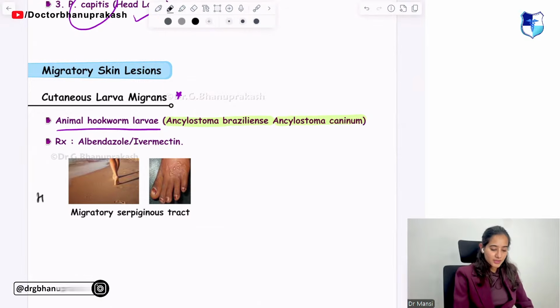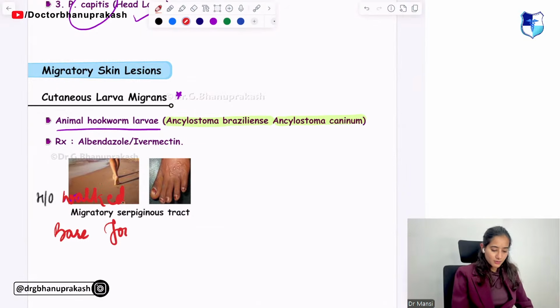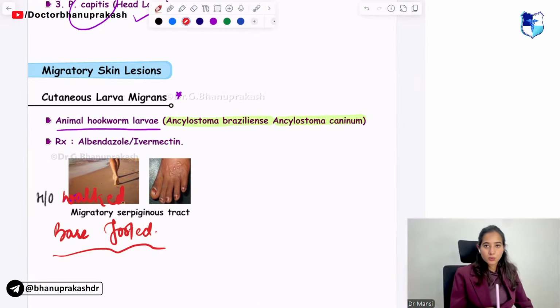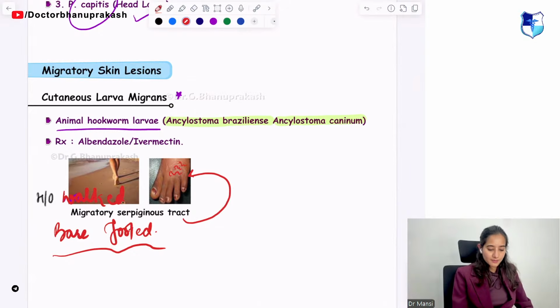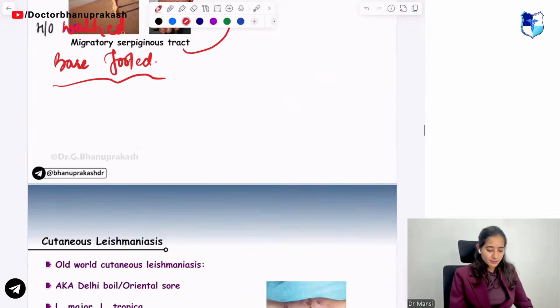You will be given a history where a patient might have walked barefoot on a beach side. There the patient gets infested with this larva, and it looks as if some larva has moved into the skin. A migratory serpiginous tract will be seen on the skin, which is very classical of hookworm infection.